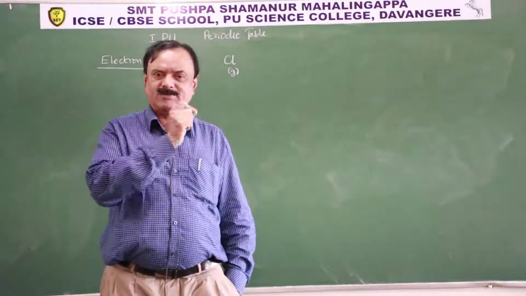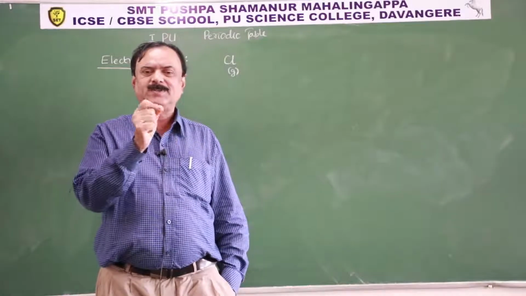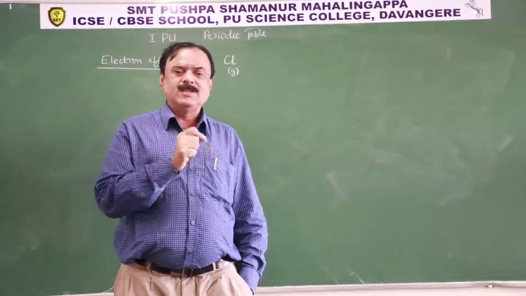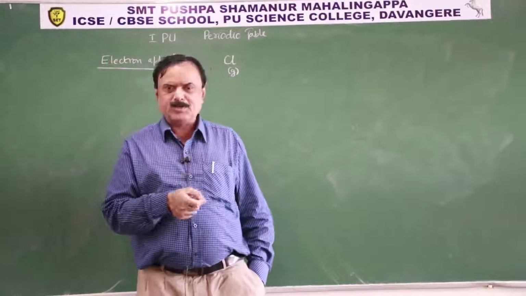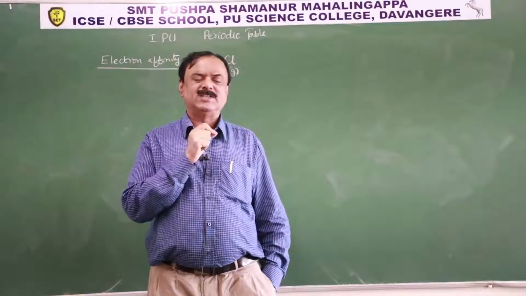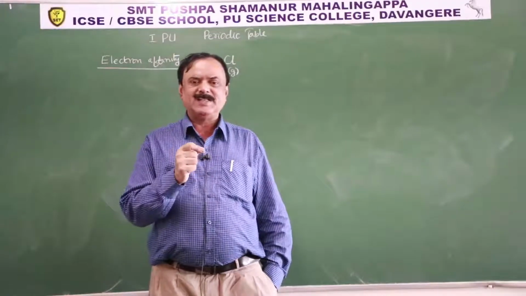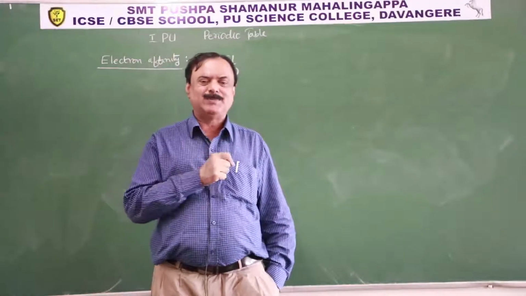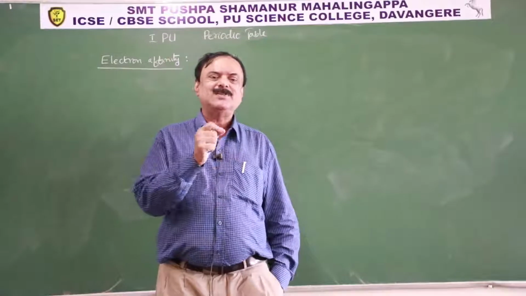In ionization potential, the amount of energy is required. In electron affinity, the amount of energy is released. Therefore, ionization potential is always an endothermic process because it requires energy. Electron affinity is always an exothermic process because it gives off energy.